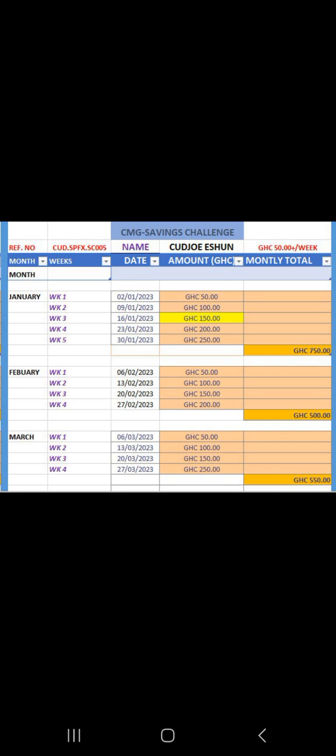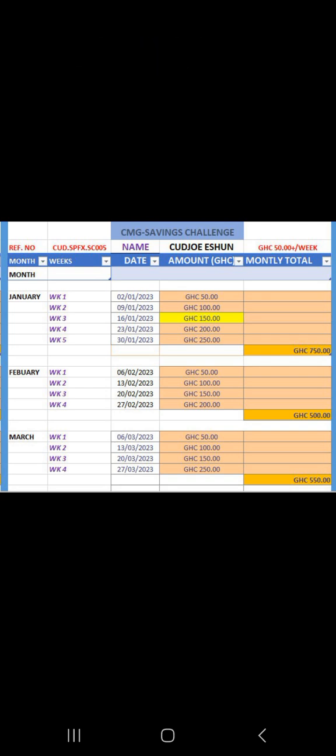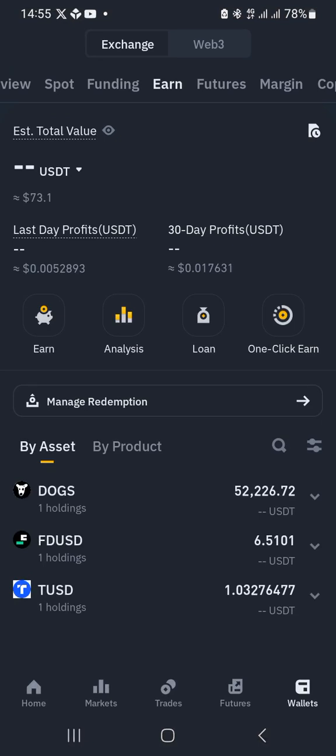Now, we are not going to stop there. We are going to move up the ladder, making things more interesting. Here we are going to capitalize on the Binance feature called savings, Binance savings.